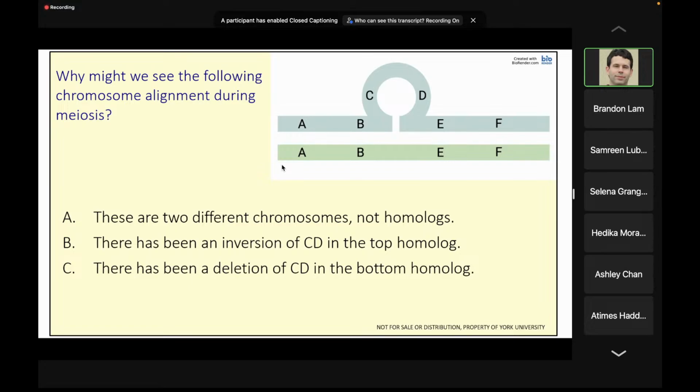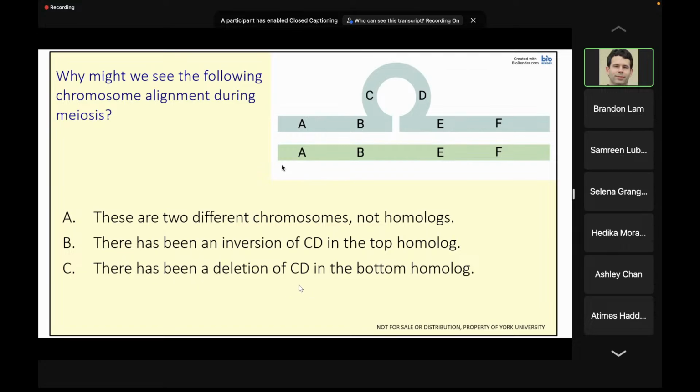So the chromosome actually got cut, flipped around, and it's back in its previous location, but it's inverted. It'd be equivalent to being A, B, D, C, E, F, but that's not what we see here. It's telling us that the orders are the same. So the answer is C.